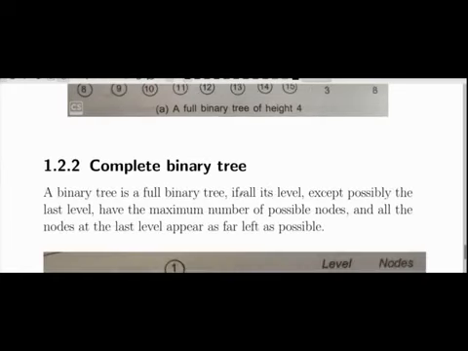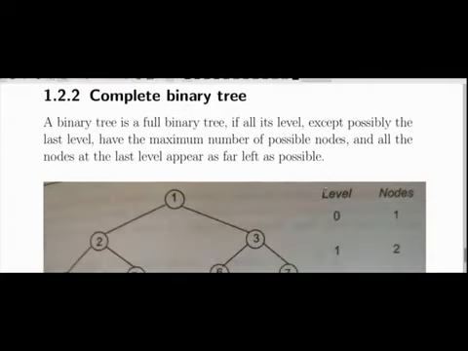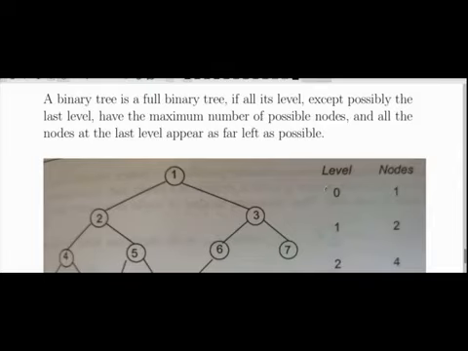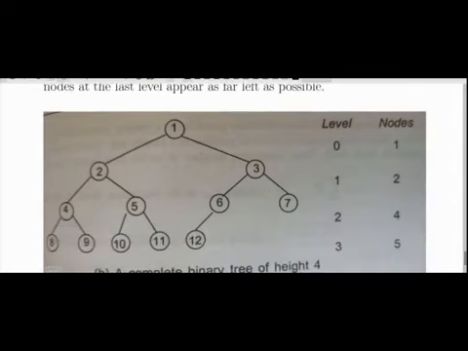Then we have complete binary tree. Complete binary tree is a specific case of full binary tree where all its levels except possibly the last level have the maximum number of possible nodes. And all the nodes at the last level appear as far left as possible, which means that all the levels are full except the last one, and the nodes appear as far left as possible.